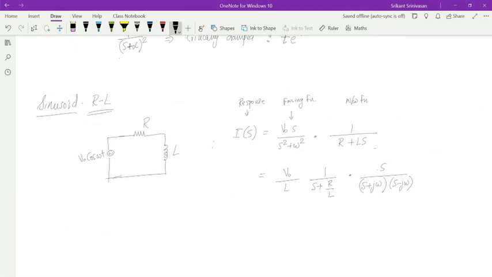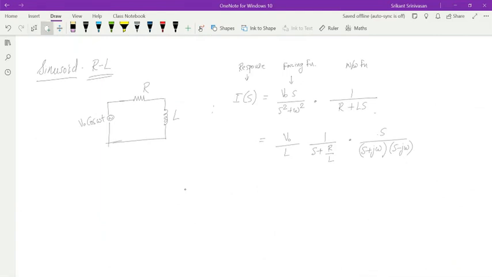But again, let's do some observation. I have three kinds of solutions here, because I have three roots. If I have s plus R by L, the solution of that is going to be some a times e power minus Rt by L. The solution of s plus j omega is going to be some b times e power minus j omega t. And the solution of s minus j omega is going to be c times e power plus j omega t.